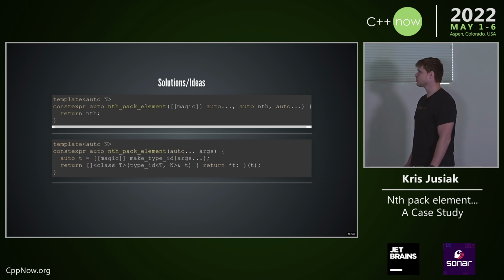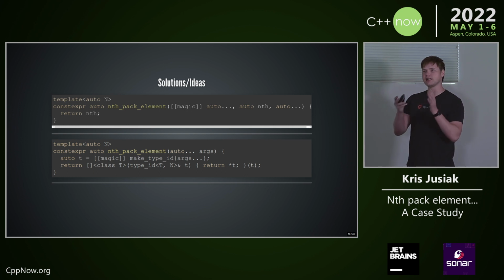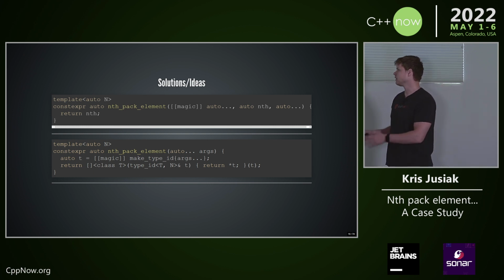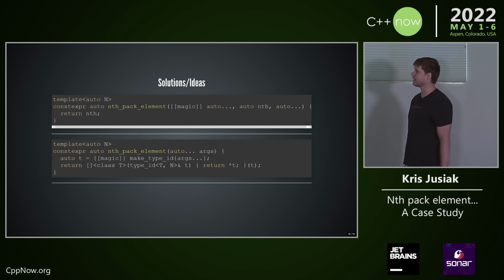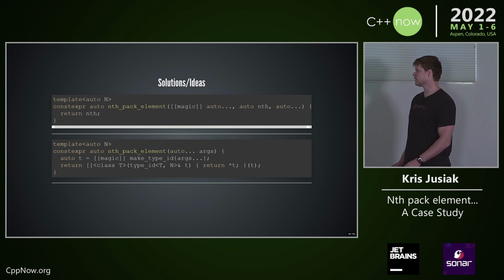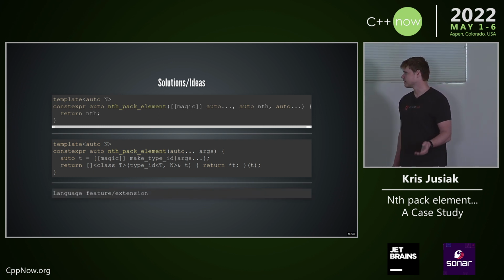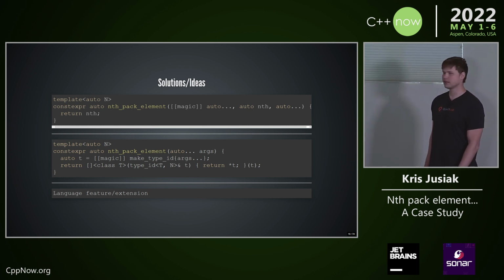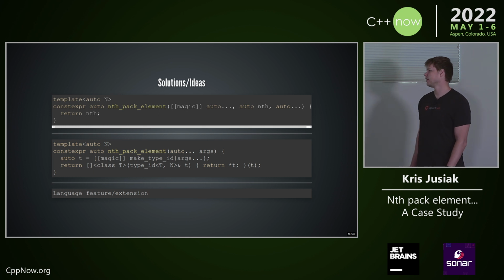The other magic we can apply is to create a struct with an ID, a type per ID, and then cast it back to one of these elements based on the nth. I hope that makes sense. And the most desirable is maybe a language feature or extension. There are some extensions in Clang, and in some other compilers as well.